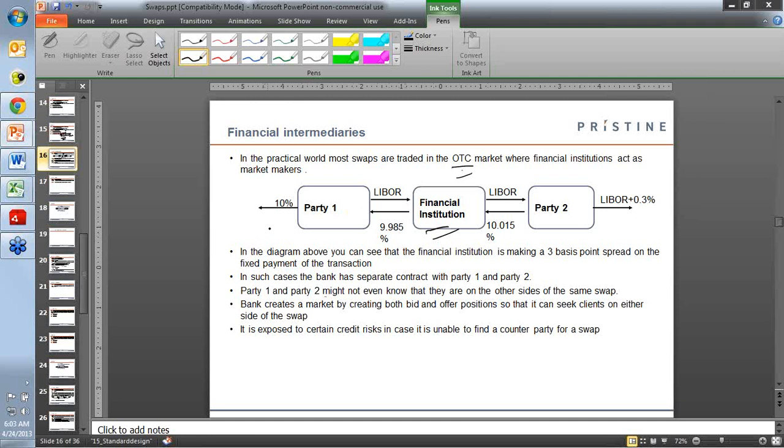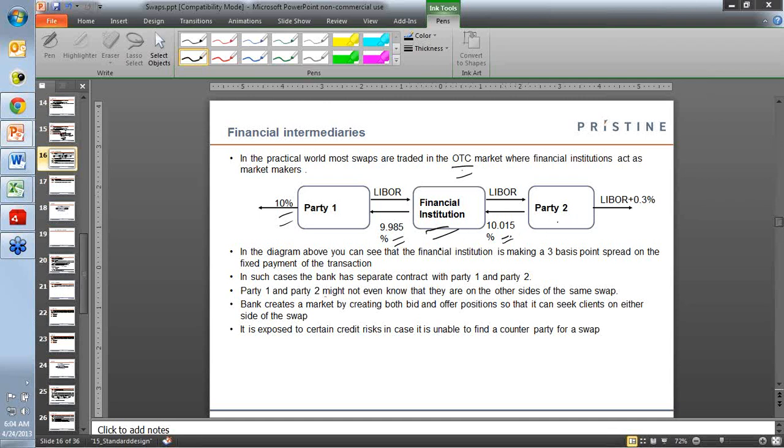So here we have a case. Party 1 is taking a loan at 10%. It is providing a loan to party 2 at 9.985%, but the financial institution for providing its services charges around 0.03% of the profits. So it's essentially available to party 2 at a higher rate.